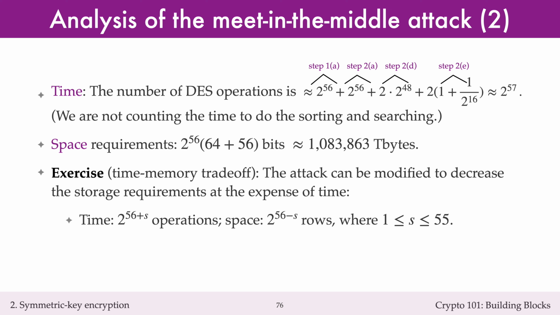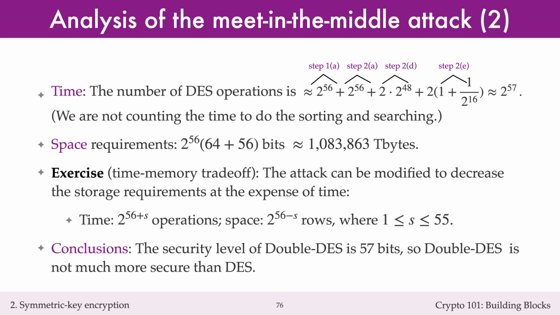In this way, we have both a feasible amount of storage and a feasible amount of operations. So we can now conclude that double DES is not much more secure than single DES. Double DES has not bought us any security for DES.